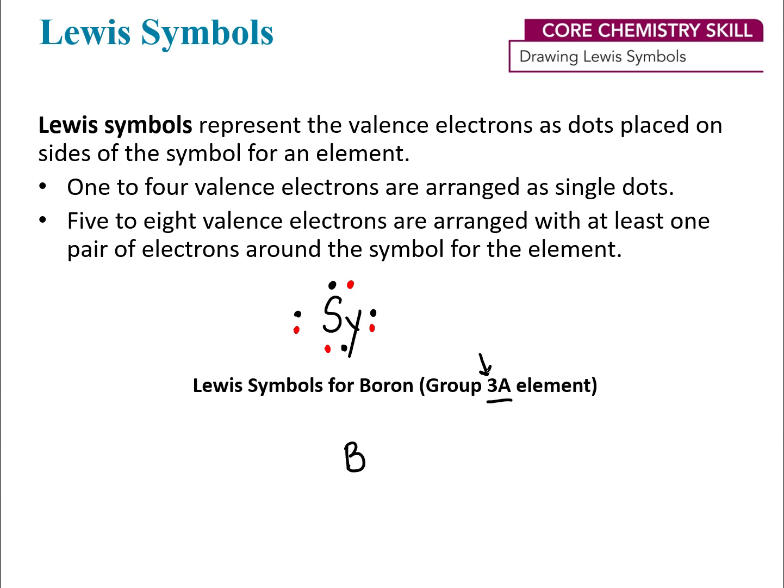Whenever you have that group number with the A after it, the number tells you how many valence electrons. So we have to place 3 electrons. 1, 2, 3.